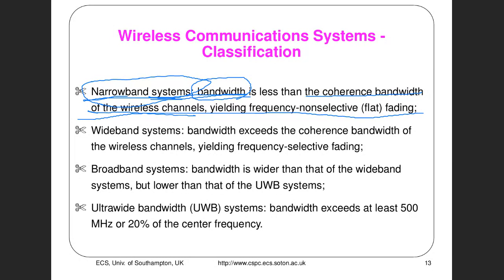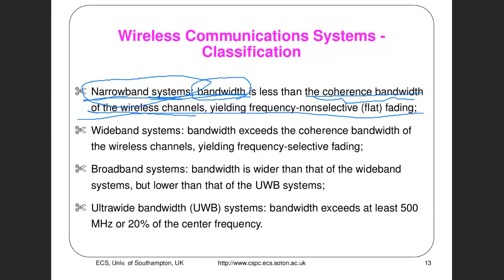This type of fading is also called frequency non-selective fading or flat fading. So coherent bandwidth here defines a collection of frequencies over which the fading channel is considered flat or constant, or it doesn't change over these frequency bands.